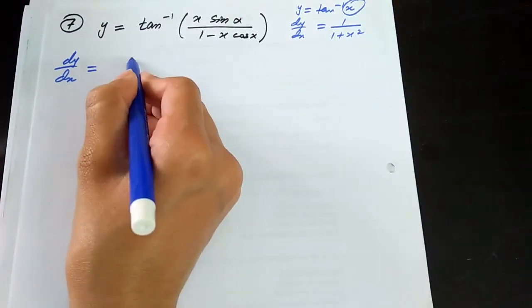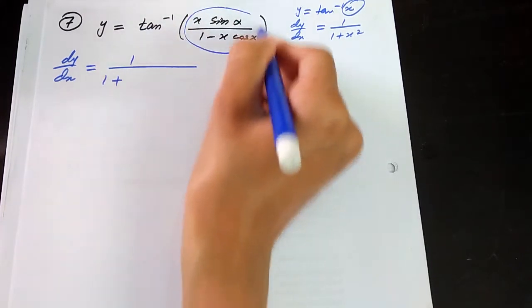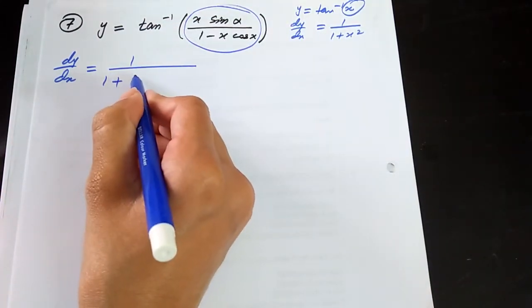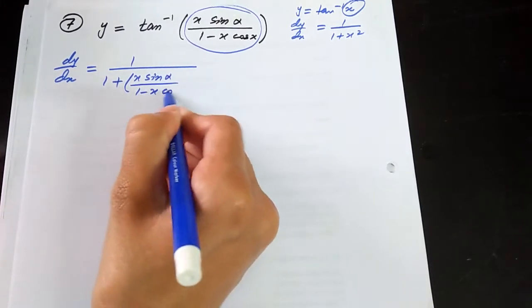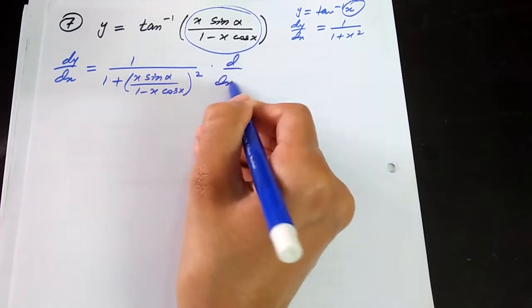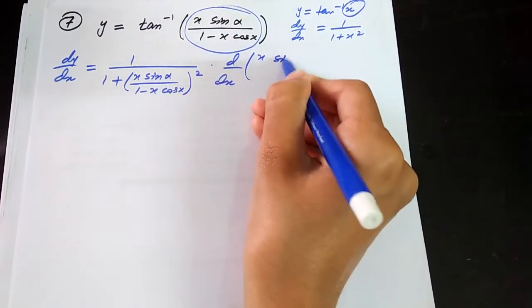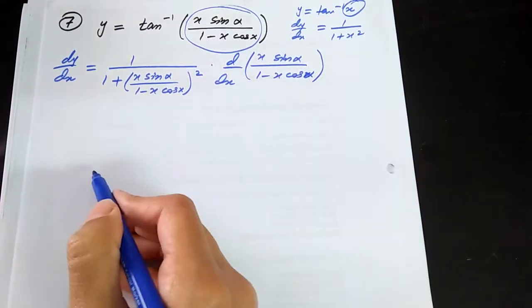So we will write it like 1 over 1 plus this whole angle, so it will be x sin alpha over 1 minus x cos alpha whole square, into derivative of this angle, that is x sin alpha over 1 minus x cos alpha, like this.